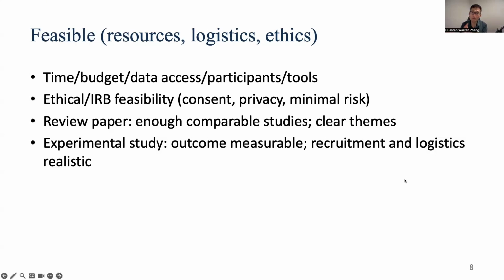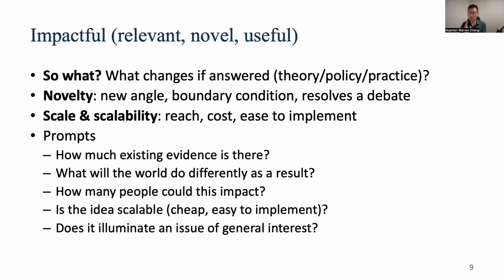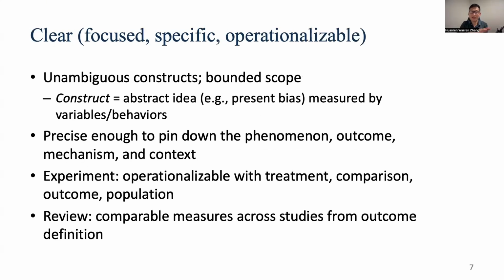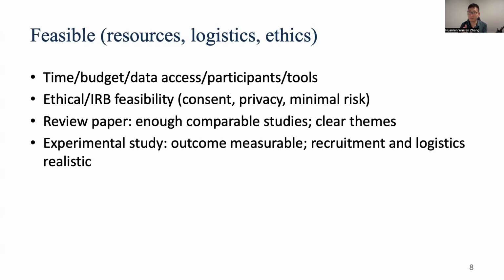Now, once you are sure that you have a clear statement of your research question, and the research question is feasible, then you also need to think about whether it is impactful, right? So feasibility and clarity are definitely required for your term paper research question.